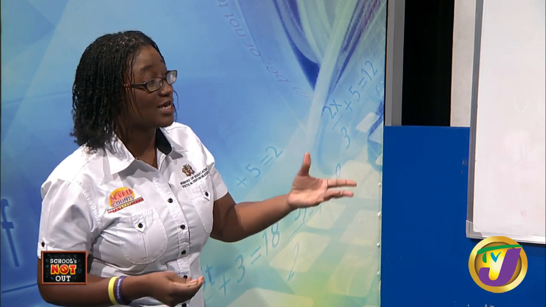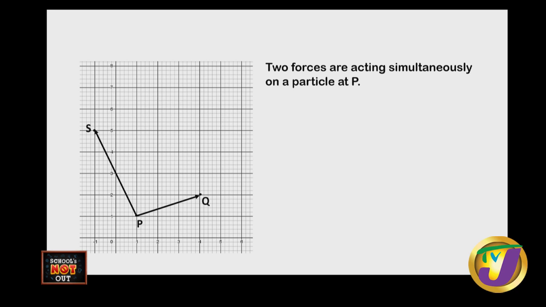They're acting simultaneously on a particle at P, and we can see on our screen P at its location, and represented by those arrows, the vectors representing the force acting on P.